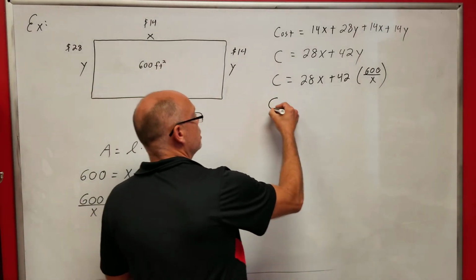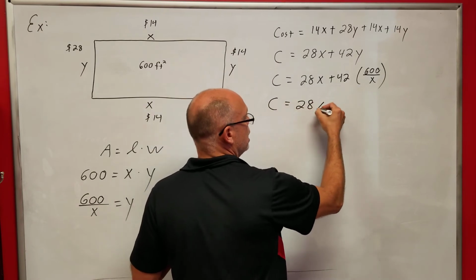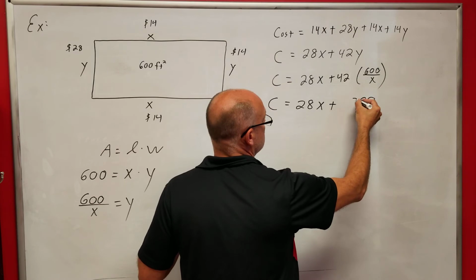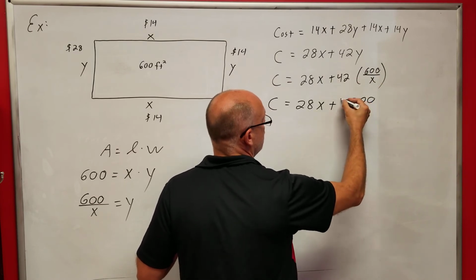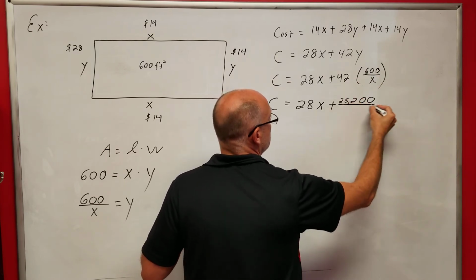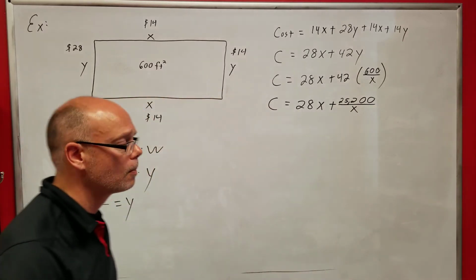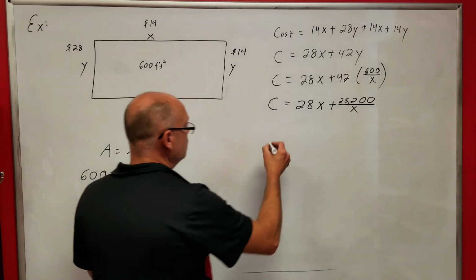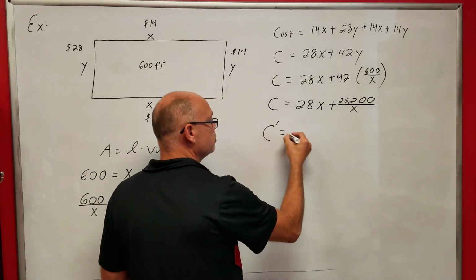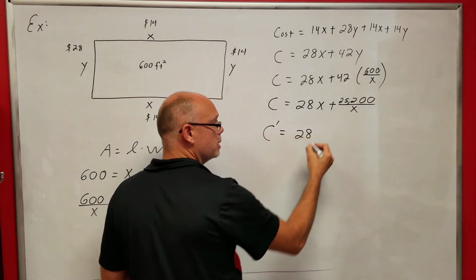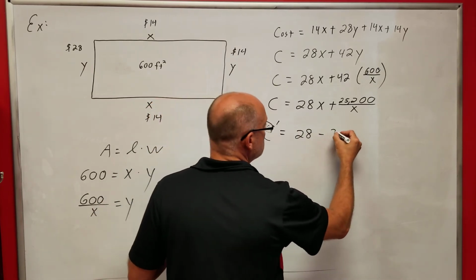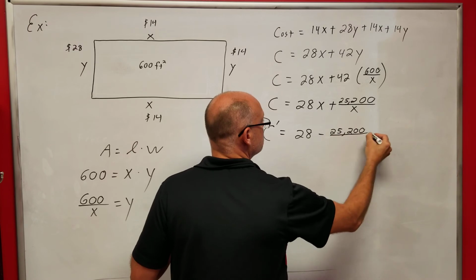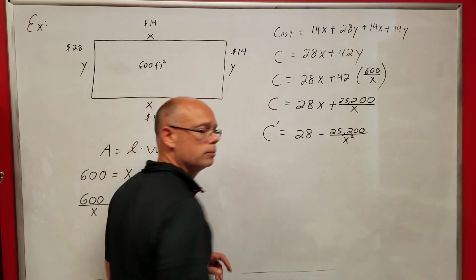Well, let's see. I'll get C is equal to 28X plus 25,200 over X. All right, now let's take our derivative here. C prime, derivative with respect to X, is going to be 28 minus 25,200 over X squared.